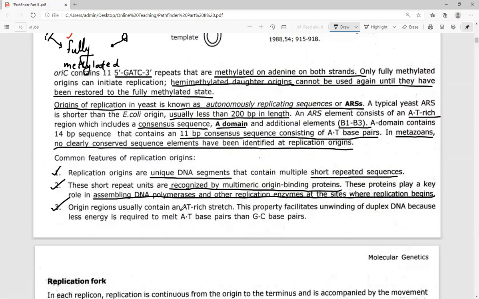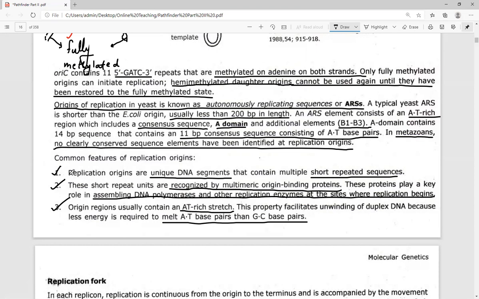Because whenever there is an AT rich region, it can be effectively melted, easily melted, as compared to the GC rich base pairs in the DNA molecule. Any doubt, any problem?